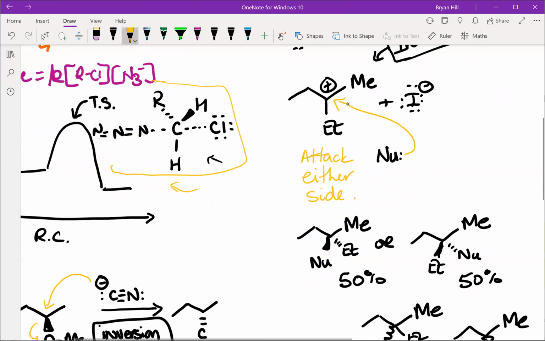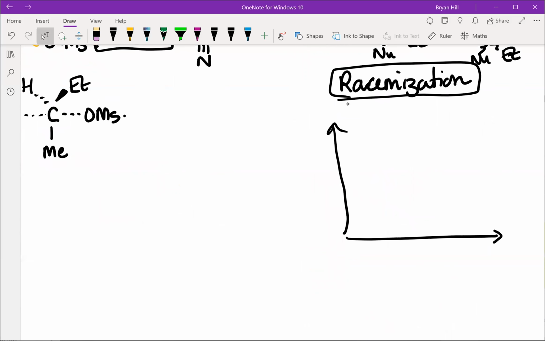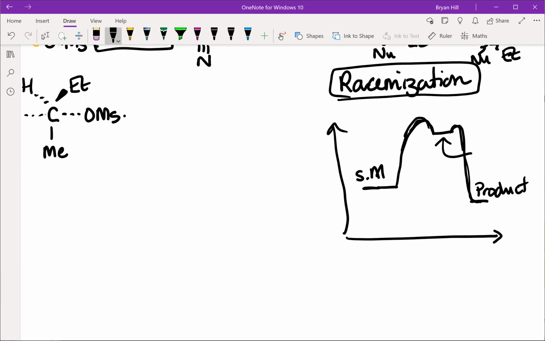So when it comes to an SN1 reaction, we have our starting material. We need to form our carbocation, which is up here, and then say our product's down here. Then there's another hump to get to your final product. So this would be your product, and this would be the carbocation.